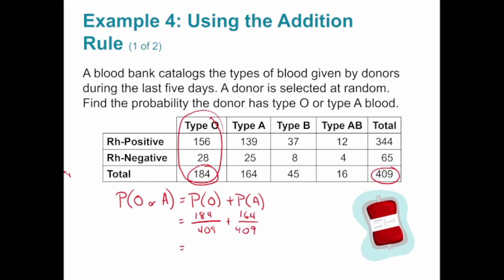We add those two together, and we find the probability of having type O or A blood is 348 out of 409, which as a decimal is 0.851. So you've got an 85.1% chance of having type O or type A blood.